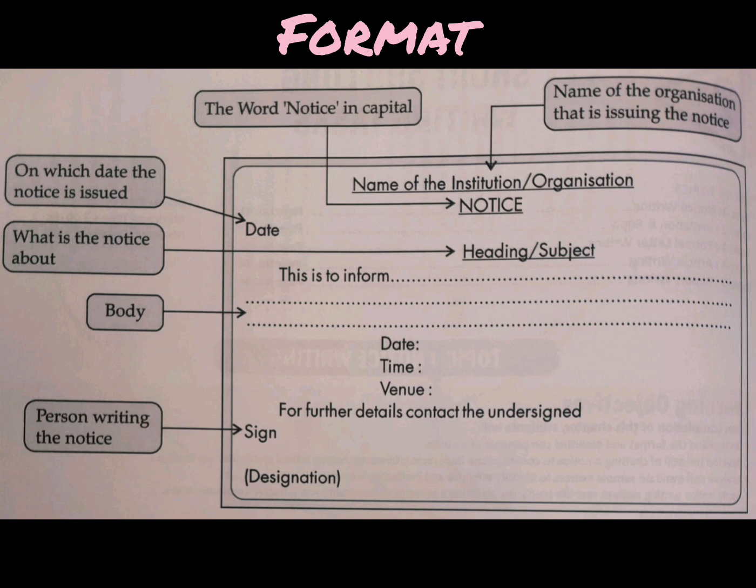And at last the body part comes, in which you have to write the date, time and venue, which is the most important part of notice writing. And then on the left hand side, the signature of the person who is writing the notice with designation, and the entire thing is written inside a box.